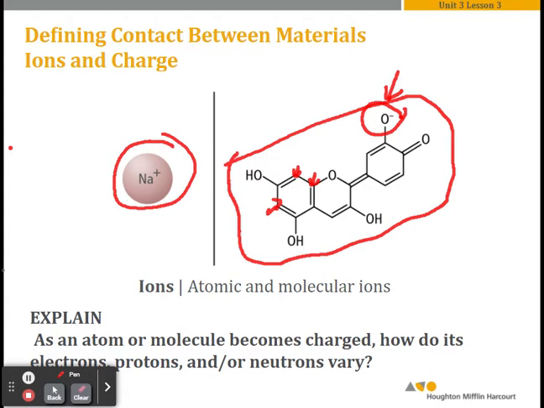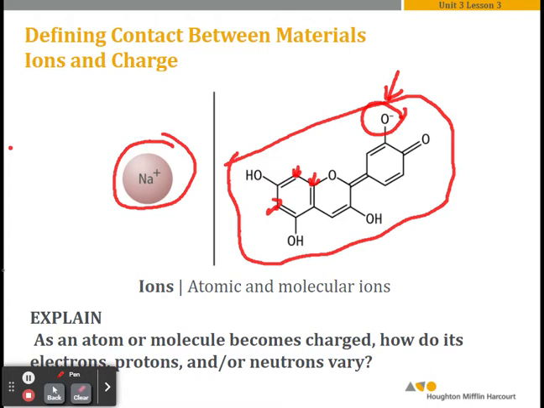Some substances' nuclei decay naturally, but those are radioactive substances, and they will have the numbers of particles in their nuclei change. But most of the substances we're familiar with, the nuclei stay the same. The number of protons and neutrons stay the same.